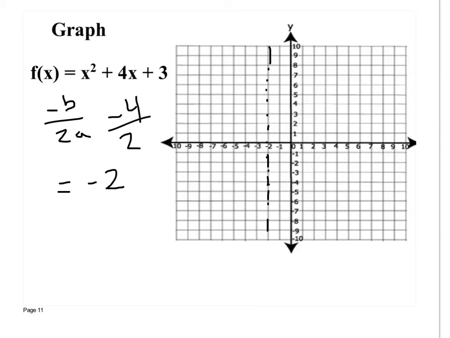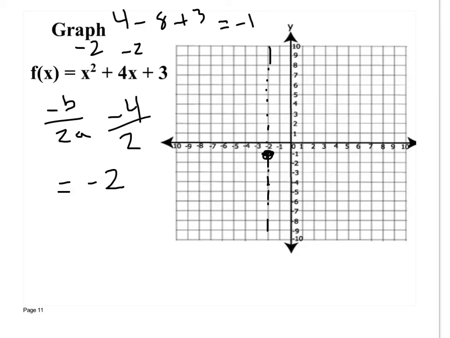Then we find the vertex. So we plug in negative 2 for x. Negative 2 times negative 2 is 4. Negative 2 times 4 is negative 8. Plus 3 is negative 1. So my vertex is negative 2, negative 1.